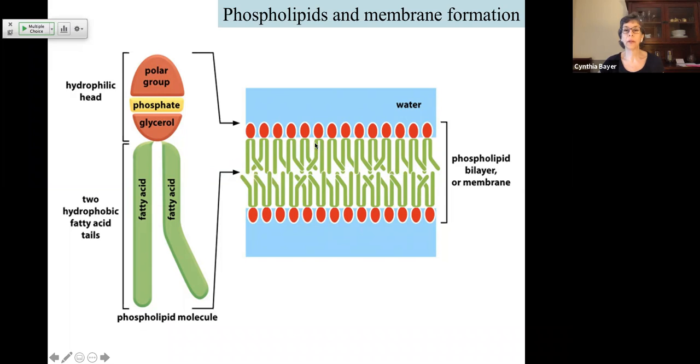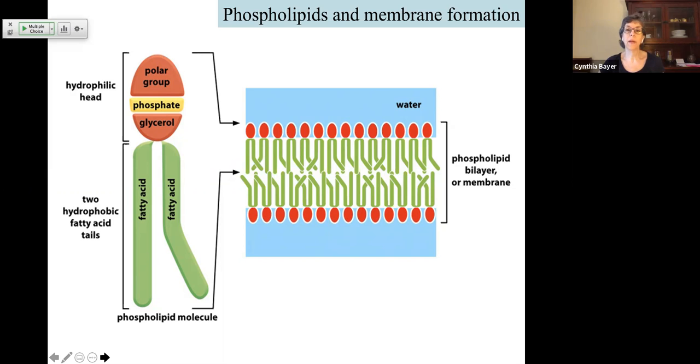The presence of the little kink in there makes sure that these phospholipids don't pack together too tightly, but the presence of this rigid saturated fatty acid prevents these phospholipids from being able to move too much, from being too fluid. And our lipid bilayer, in animal cells particularly, actually has the fluidity of oil, salad oil. And we'll talk about that in just a couple minutes.